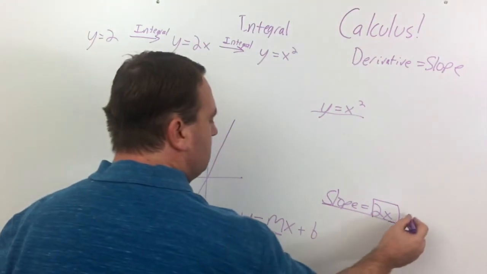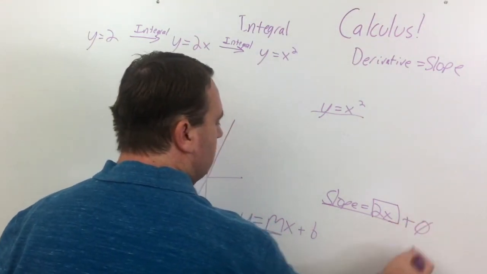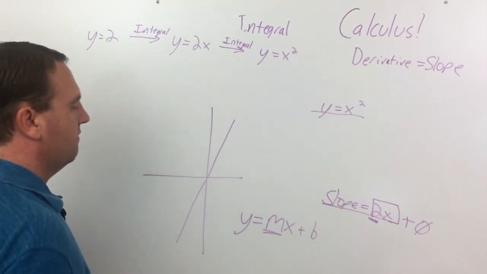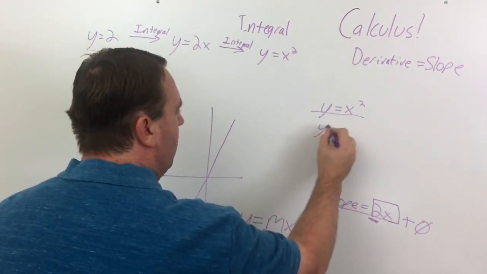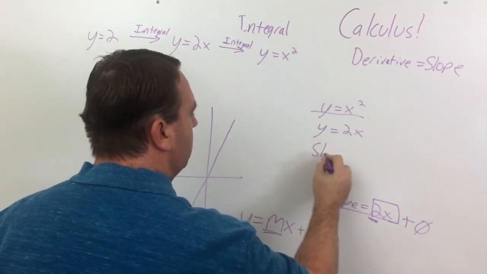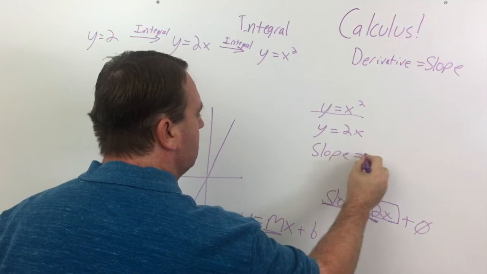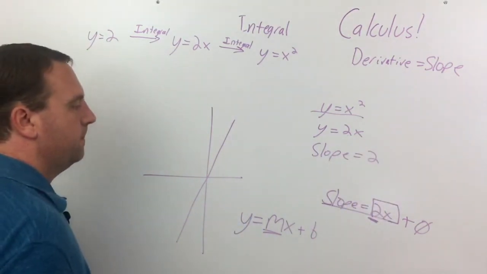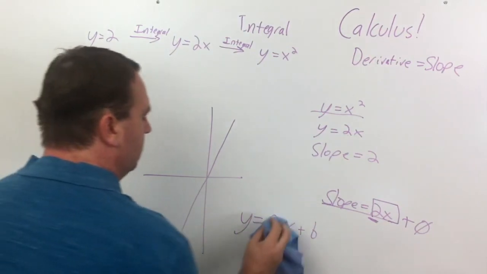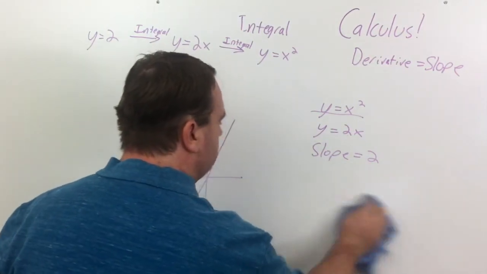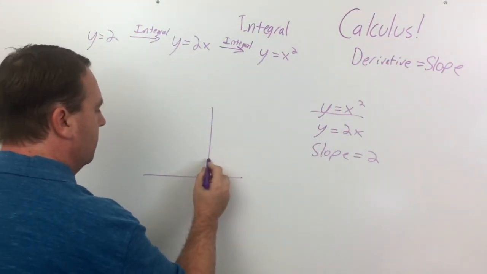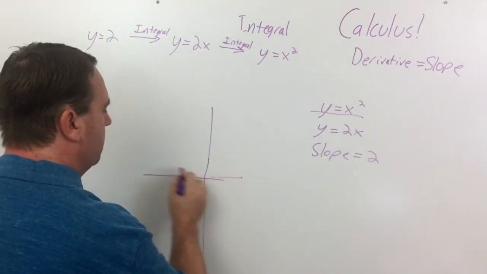Well, in this case, it's 2x plus 0, so 2 is the slope. So if I have the equation y equals 2x, then the slope at every single point is 2. Now I can draw that one as well. What does that look like? Well, if the slope is just 2 for every single x value, that's going to look like this.